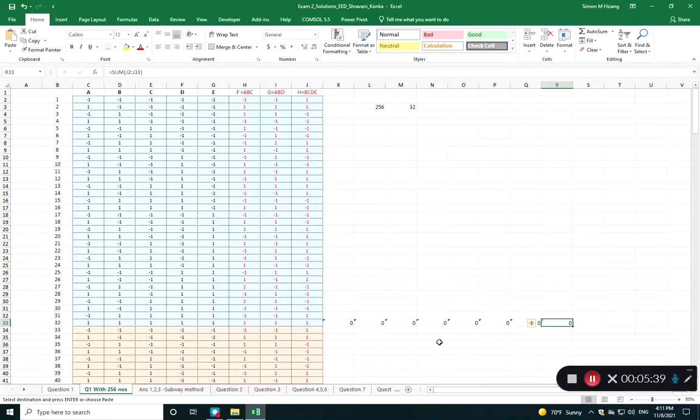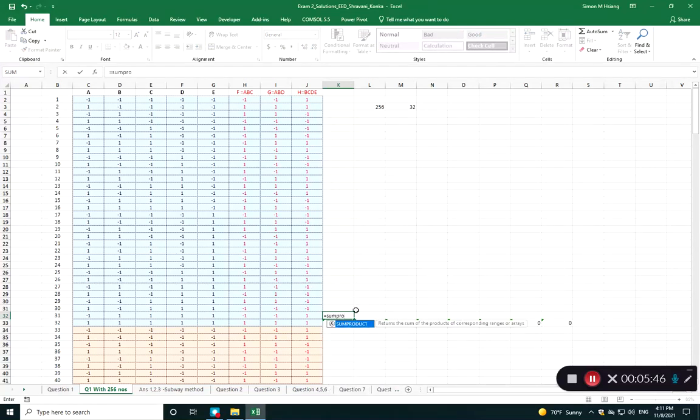Second part, okay? Any two products, sum of products of any two of them, since they are positive, negative, orthogonal contrasts.